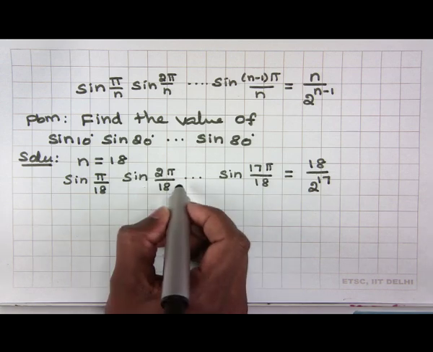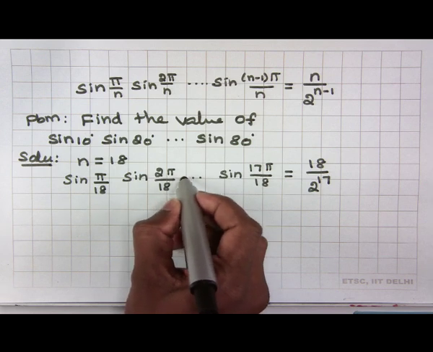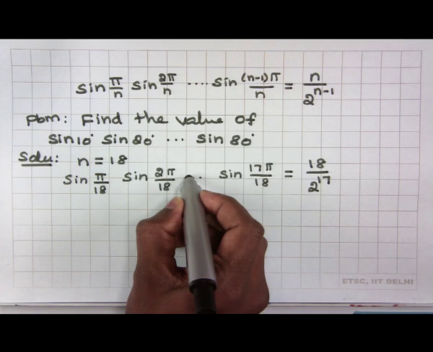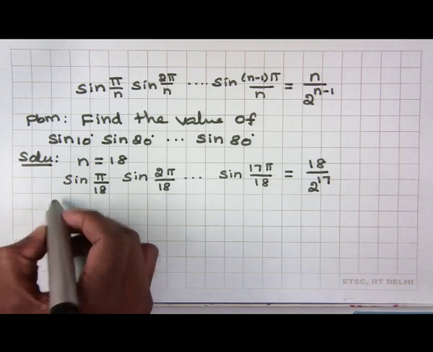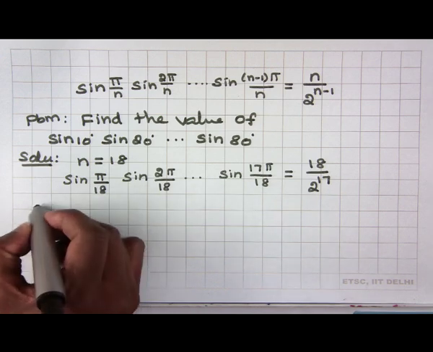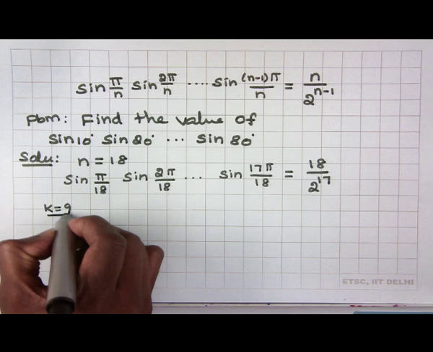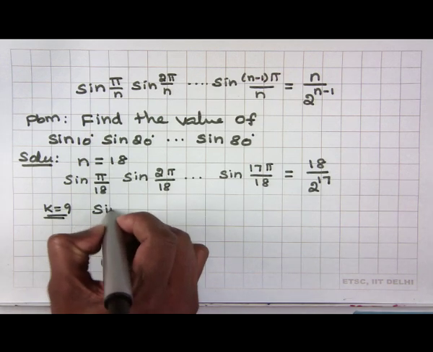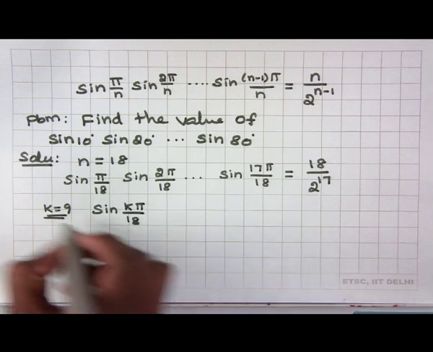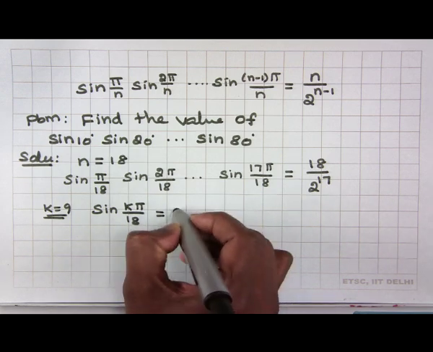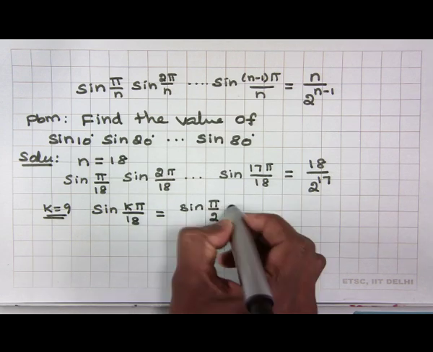The first observation is, if we take the ninth term here, where the general term is sin k pi by 18, and I take k equal to 9, we get sin pi by 2, which is 1.